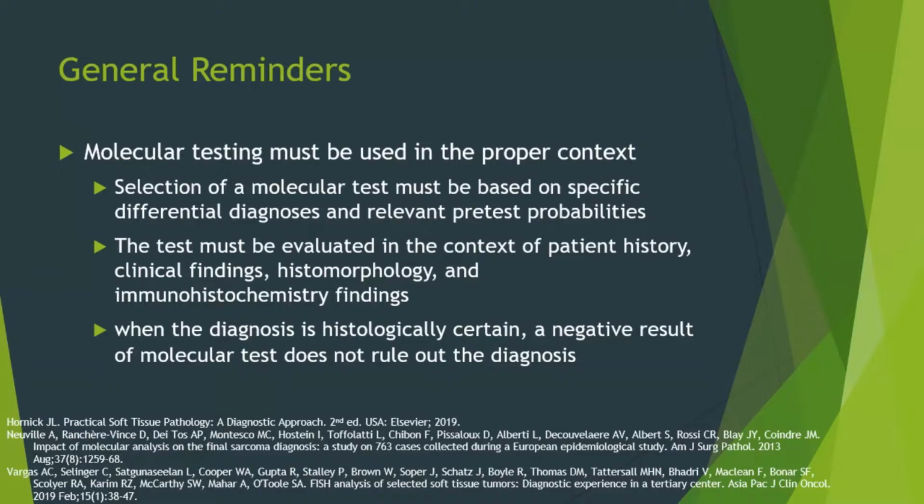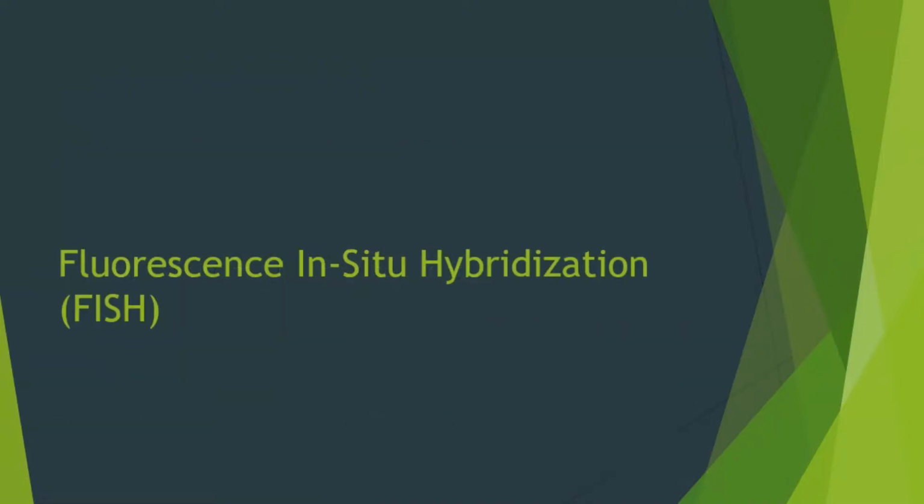Remember that all tests have their own sensitivity and specificity. So there will be cases in which the molecular tests will be inconclusive, and you have to fall back on your histomorphology and/or immunohistochemistry in order to make the best diagnosis possible. Let's go now to FISH.